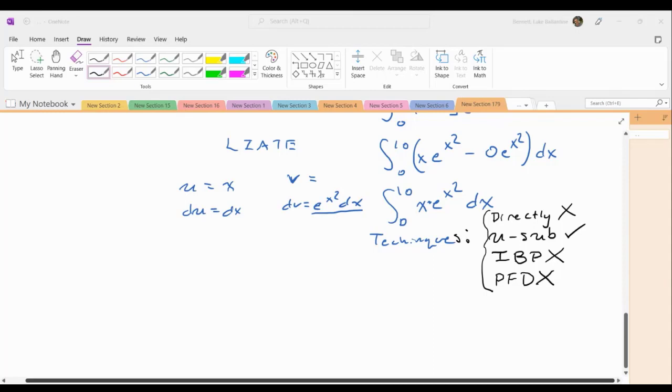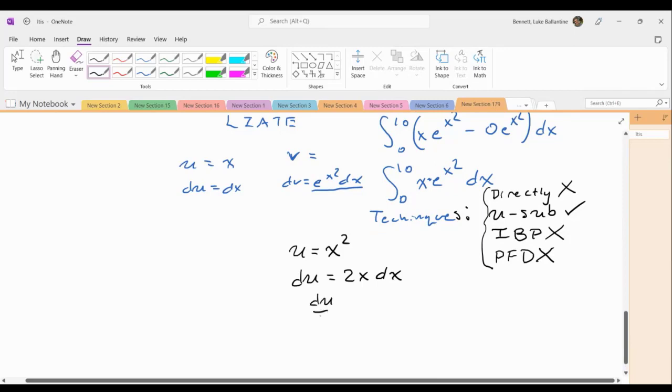You can tell this is u substitution because there is a function being composed, which is x squared, and x squared's derivative appears in the integrand also, almost, up to multiplication by a constant, which is okay. So we have a function that's being composed, and then we have its derivative in our integrand.